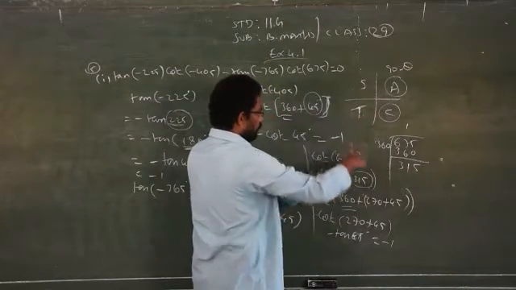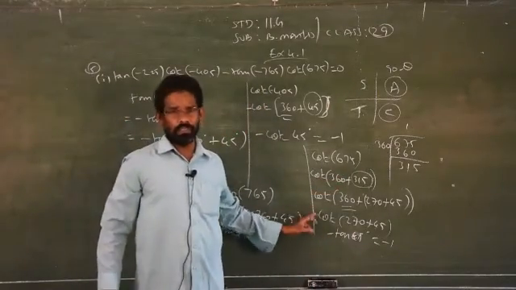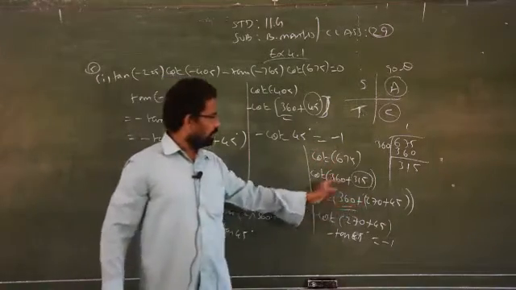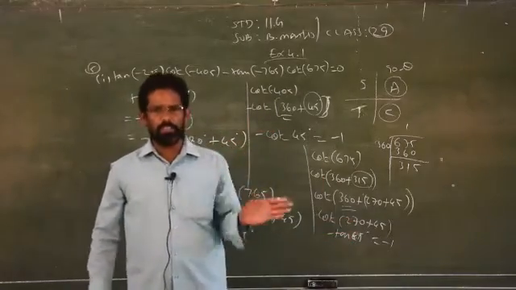That depends upon the quadrant. You have to write a positive or negative sign before the ratio, and if you express the given angle in terms of 270 or 90, you have to change the ratio also.